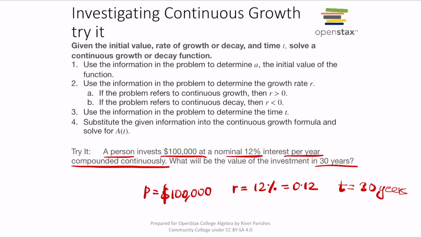So the formula for the continuous growth model A(t) is equal to P e to the power rt. So the principal is $100,000 times e to the power r, which is 0.12 times 30. Try to calculate using the calculator. Pause the video right here and try to find the answer.